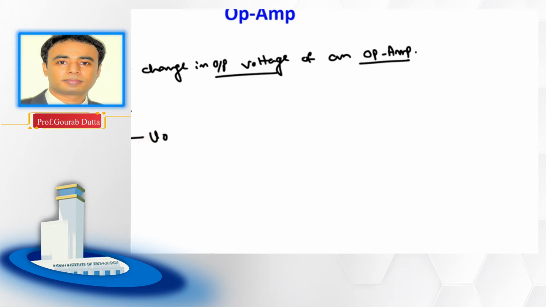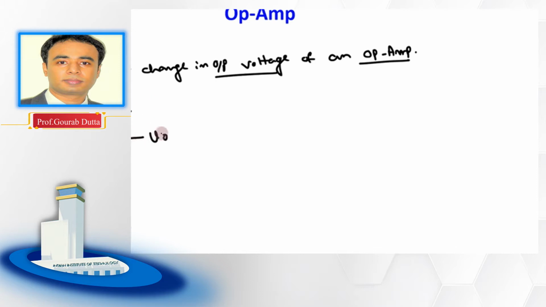That is true, but the change in this input cannot be followed immediately at this output. It takes some time, and the rate at which the output of an op-amp can change is also limited for a practical op-amp, right?